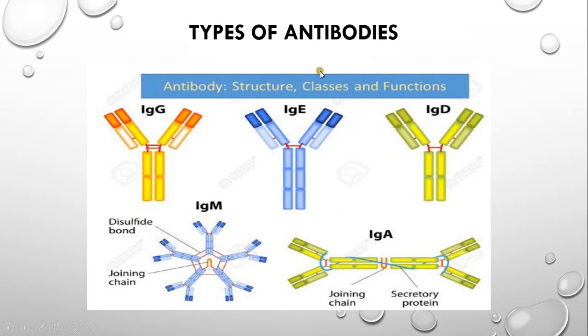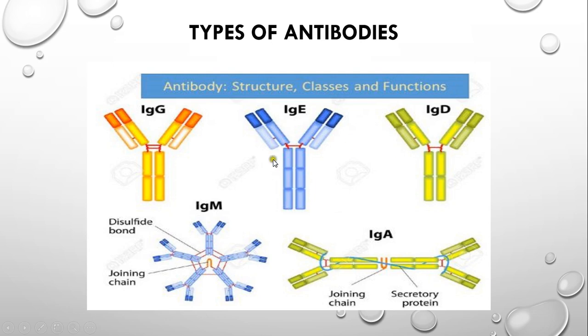These are the different types of antibodies: IgG, IgE, IgD, IgM, and IgA. IgG is present in greater amount during the secondary response. IgM is present during the primary response. It has 10 binding sites, whereas IgG is bivalent, with 2 binding sites.